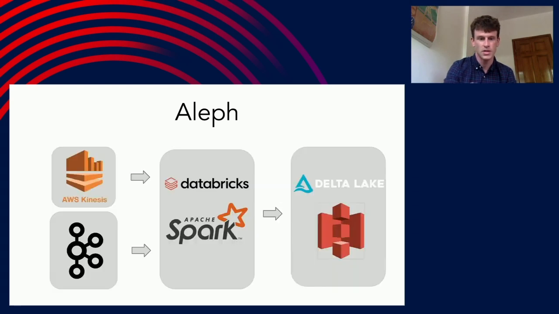So the architecture looks like this generally. We currently have the capability to read from two different streams, both for reasons of legacy, and that also doubles as additional support. Kafka is our standard stream that we're reading clickstream events from, but in the event that there are issues with downtime there, we can fall back to Kinesis.